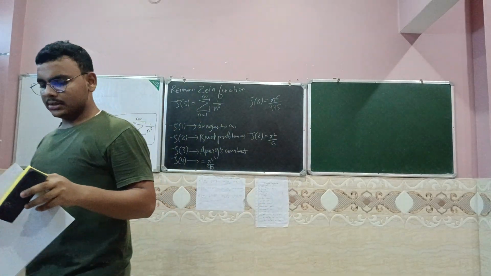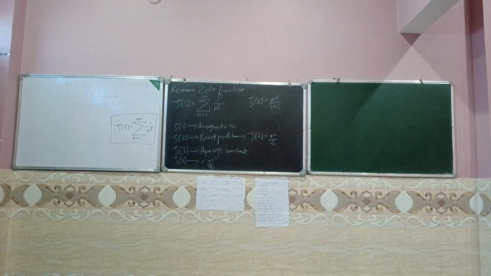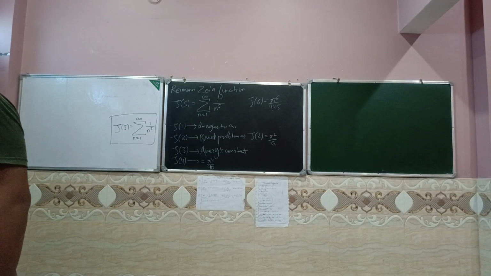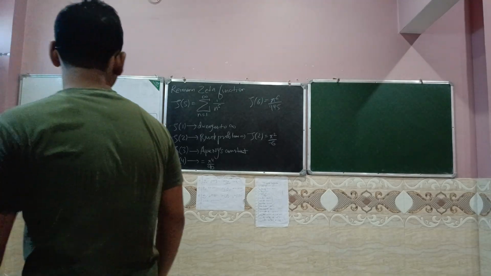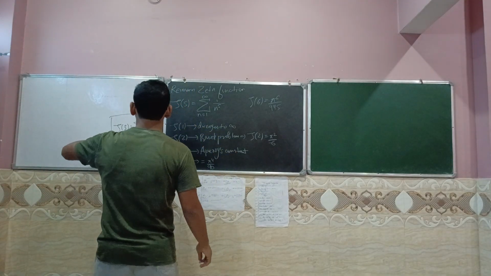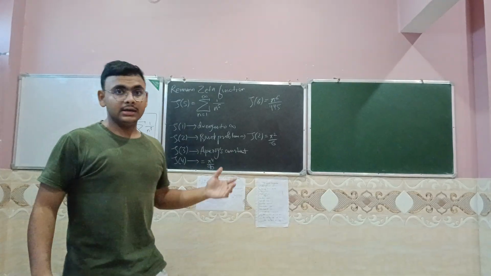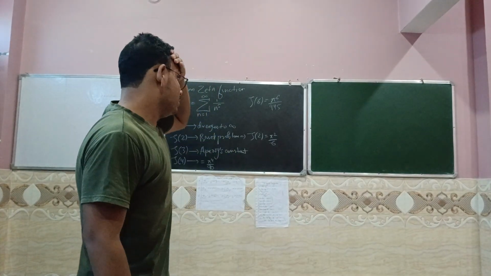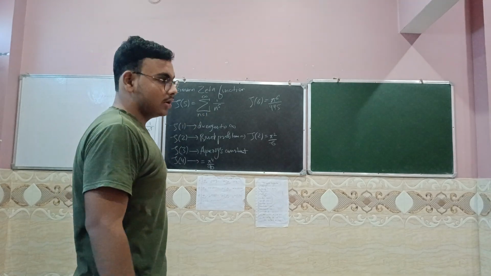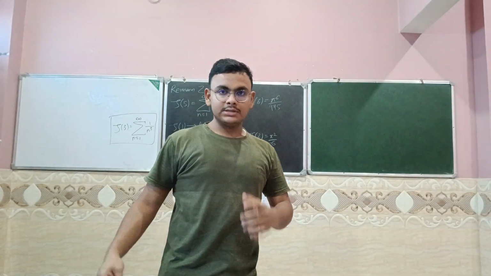Yeah, I have evaluated zeta of 6, but you know what? I don't think there is anyone in this world who has evaluated zeta of 3 like I did. And if there is anyone, that's a good thing. Well, I think I'm getting a wrong answer just because there is no one.